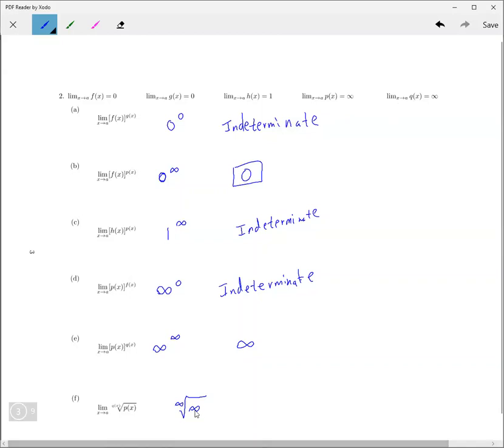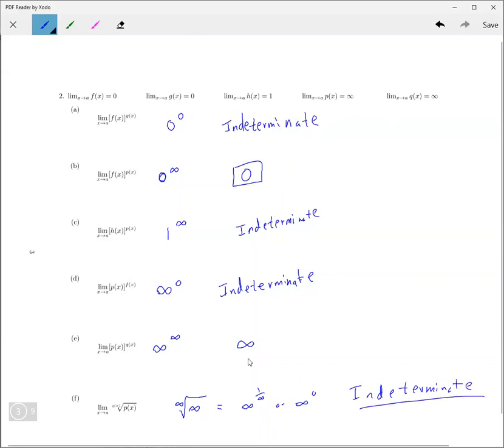So the infinity-th root of infinity. This is sort of how you think of it, it's not exactly what it is. That could be the same as infinity to the 1 over infinity, or infinity to the 0, which is indeterminate.